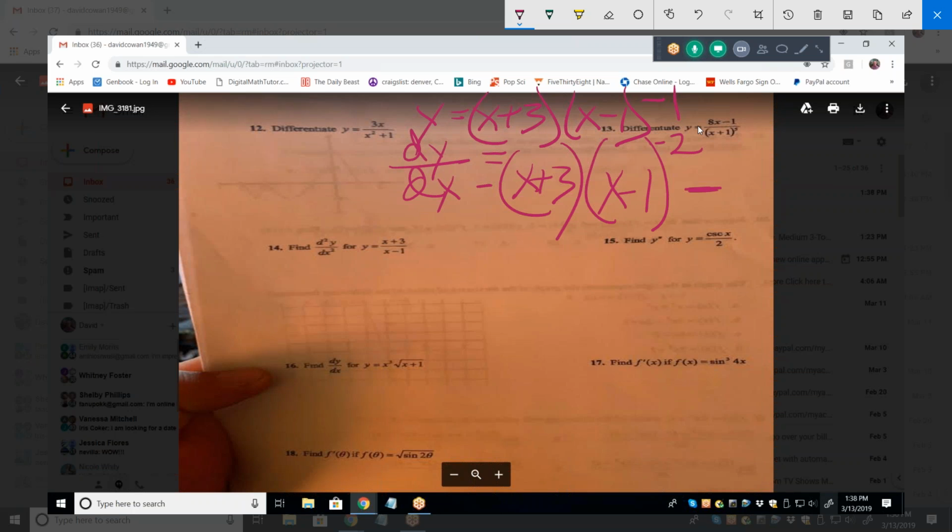And this is plus because we're using the product rule: plus x minus 1 to the negative 1 times, well, just times 1. Correct. So that is dy dx. Now, let's see if it helps to simplify that. That gives us this.